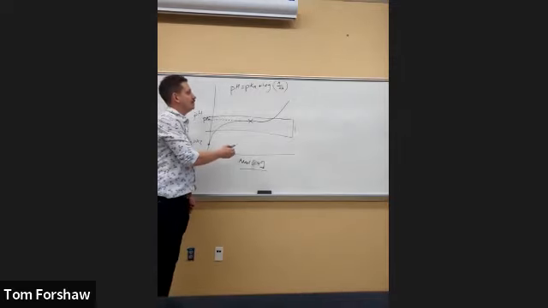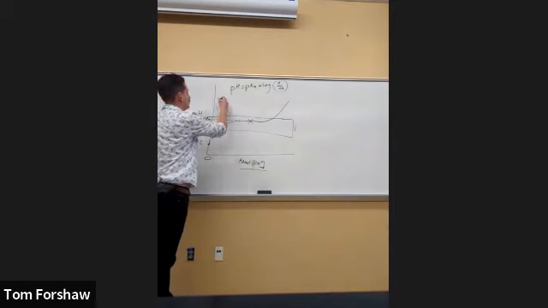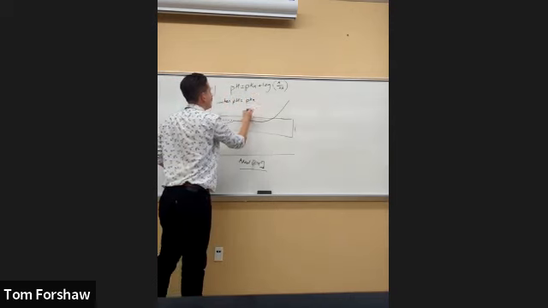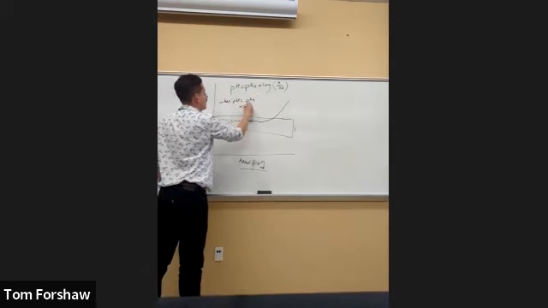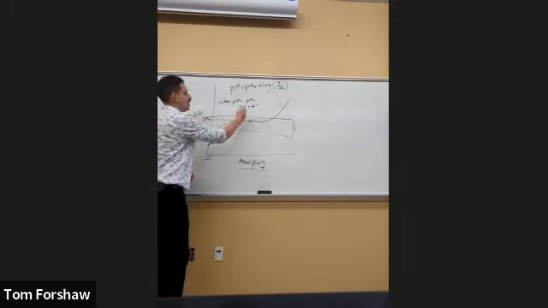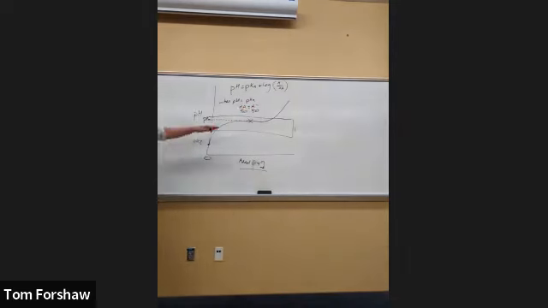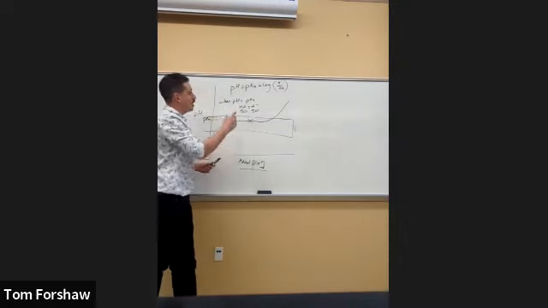Remember I said that when pH equals pKa, HA equals A minus. It's 50% dissociated. You've got an equal concentration of weak acid and the salt that's being produced by the reaction with base. So let's see why that is.